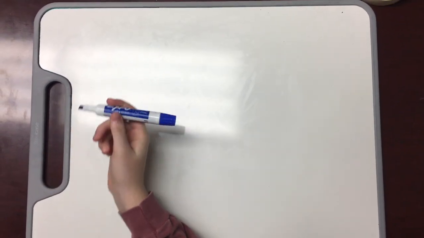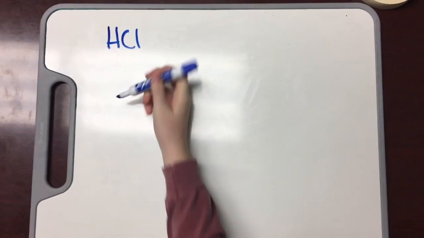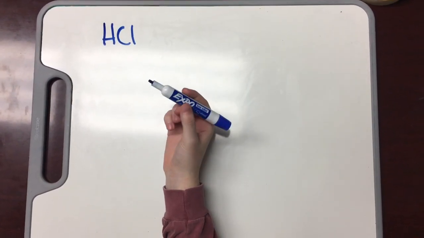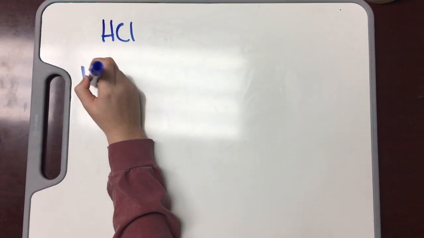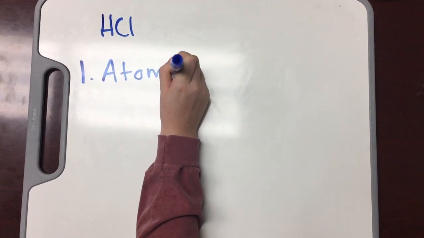molecules. So the compound we're going to be using today is HCl. So the first step of trying to find mass to molecules is first we're going to find the atomic mass of the compound.